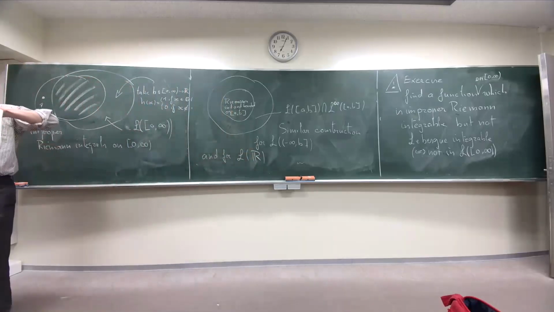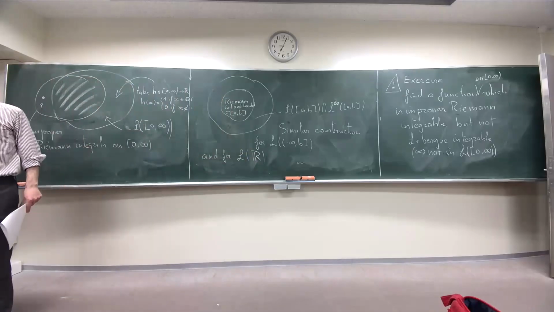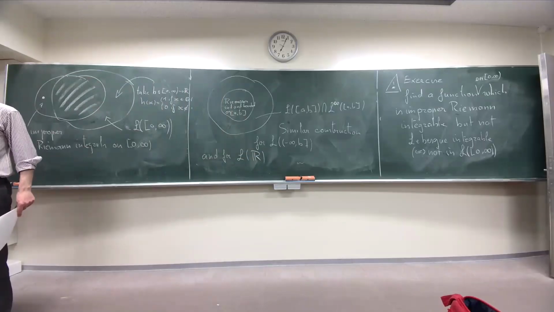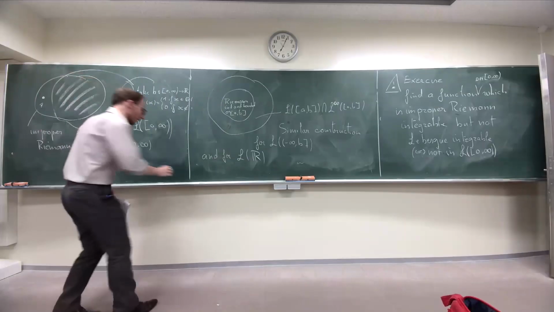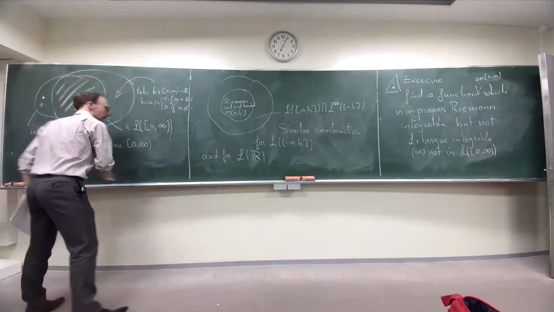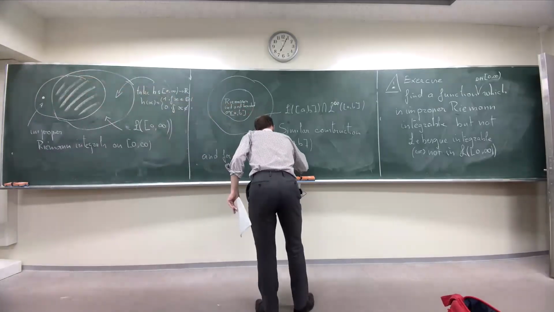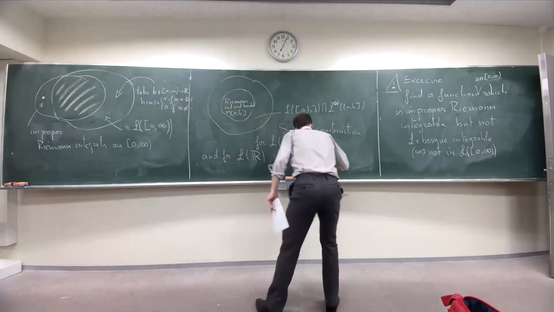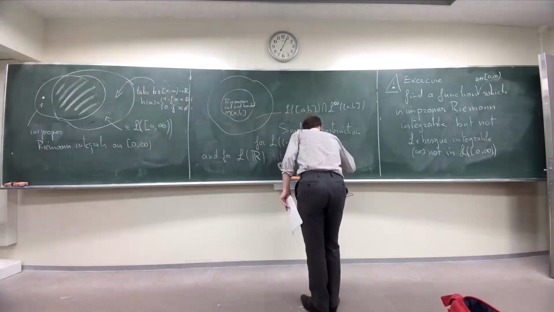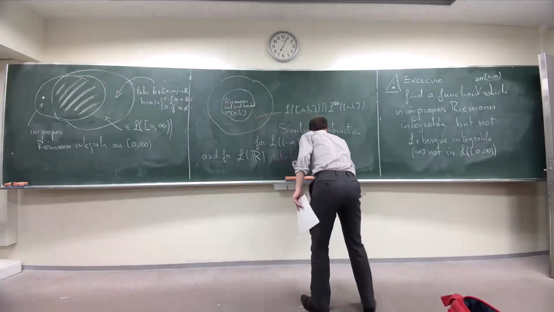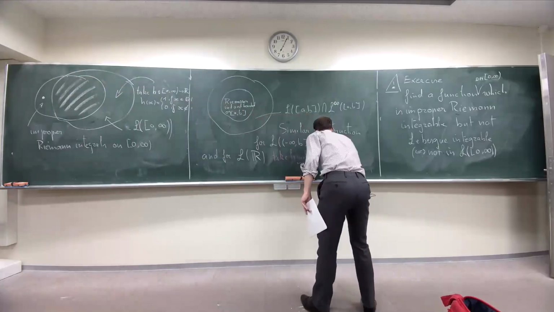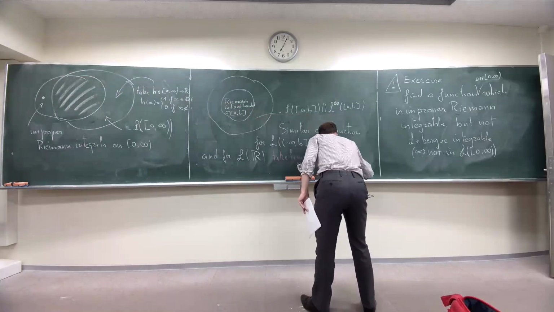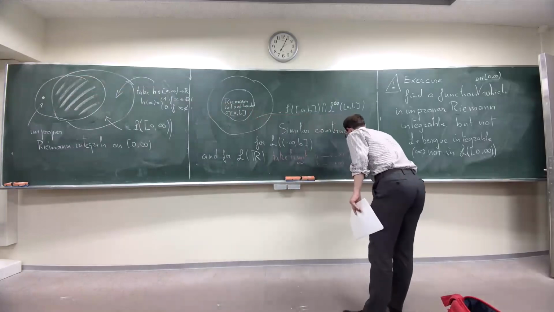For L of R, you first take a limit to minus infinity and then a limit to plus infinity. So it means you take the limit A to minus infinity, B to plus infinity separately.